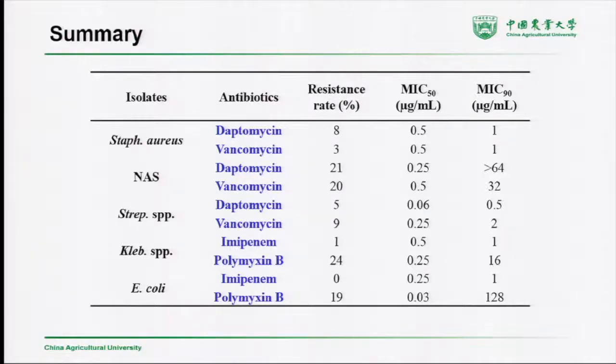For these 4 antibiotics, highly critical for human medicine, resistance in these 5 isolates ranged from 0 to 24%.